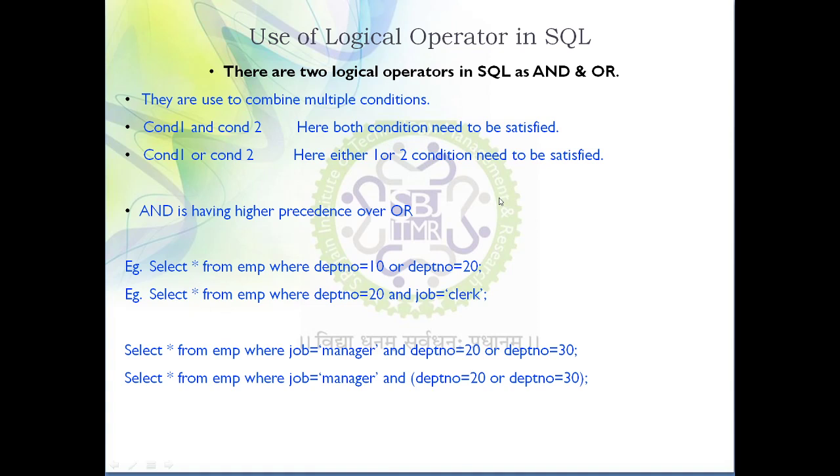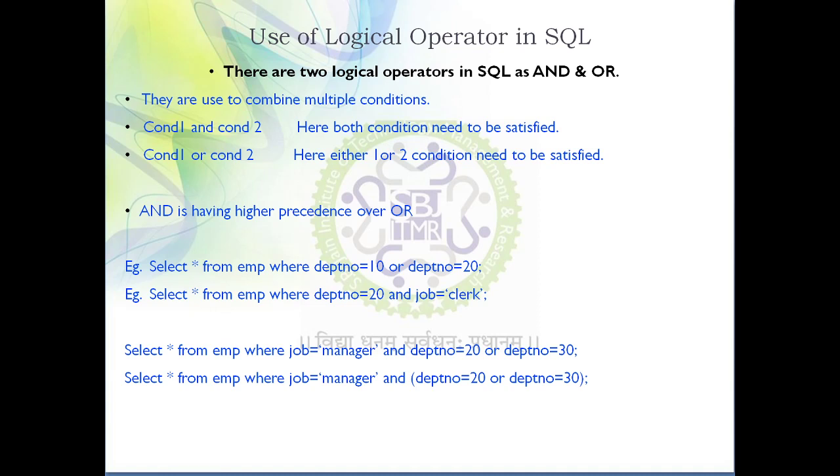And if we compare AND and OR, then we can say that the AND operator has higher precedence as compared to OR. In this case we generally follow the BODMAS rule. You are already aware of BODMAS. So bracket has the highest priority, then we have AND, and then OR.